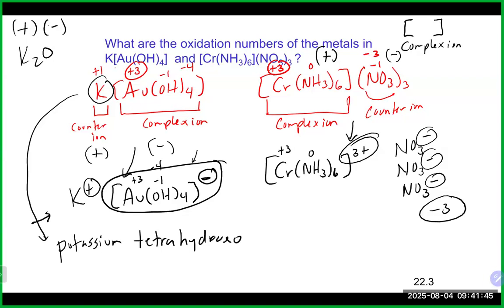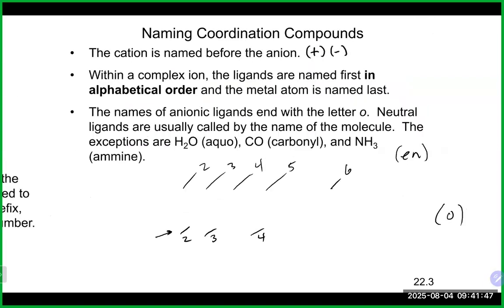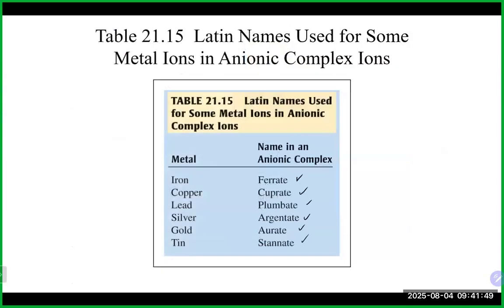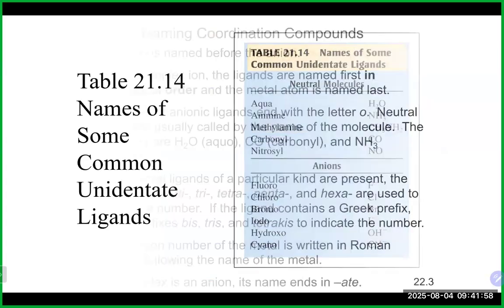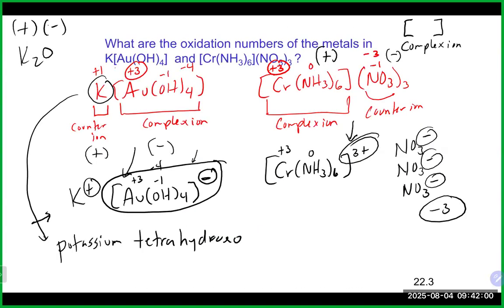Again, in this case, we do know that our complex ion overall is negative. So here we would not use gold. We would want to use, as we saw in that chart, the older way of naming gold, which would be aurate. So coming back here, this would be aurate, Roman numeral 3.